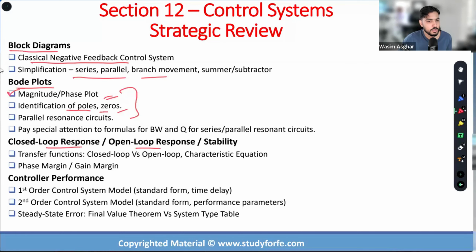Closed loop response, open loop response, and stability. So in the on-demand course, I start out the discussion of control systems by clearly defining what a closed loop transfer function is, what an open loop transfer function is, and what a characteristic equation is.